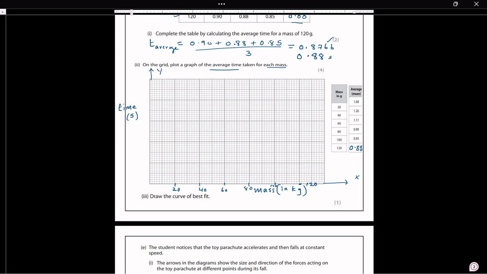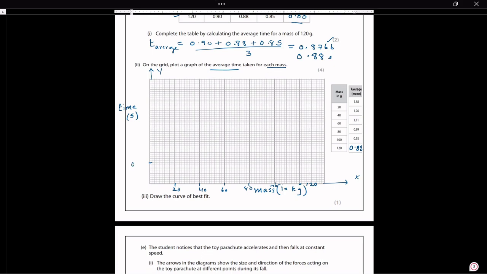Similarly, on the y-axis it is changing from 0.8 to 1.48. So we can mark in steps of 0.4.